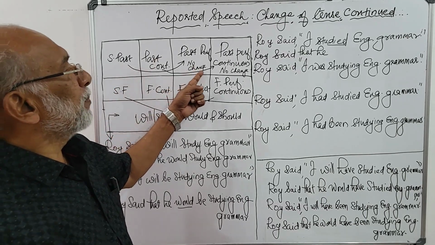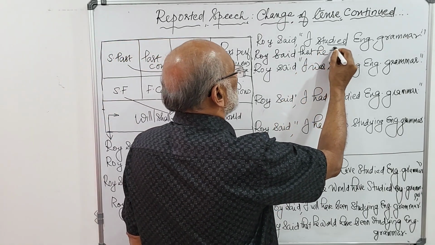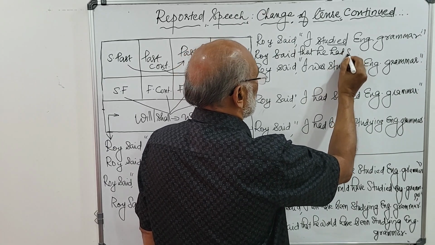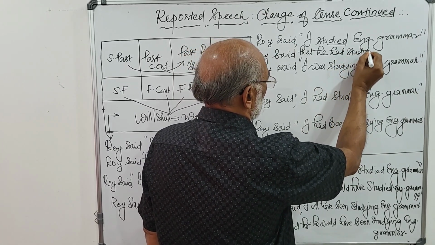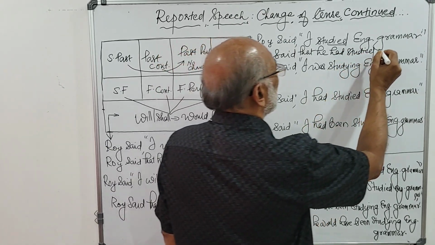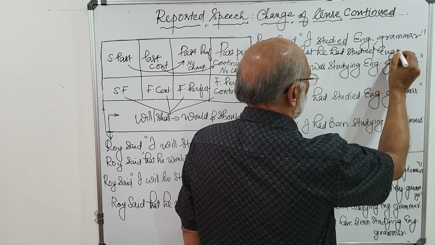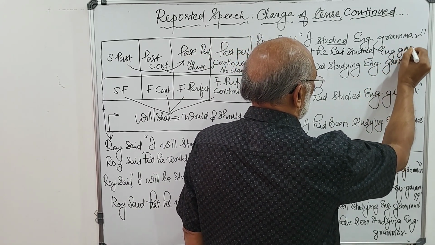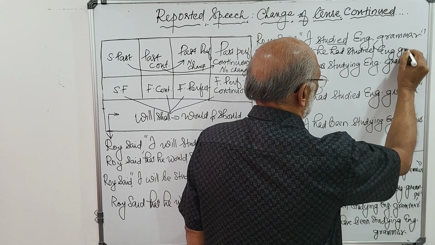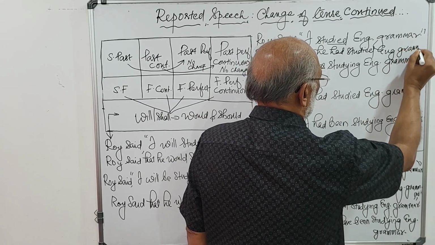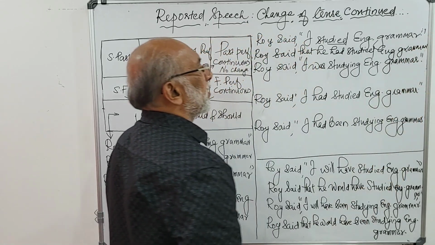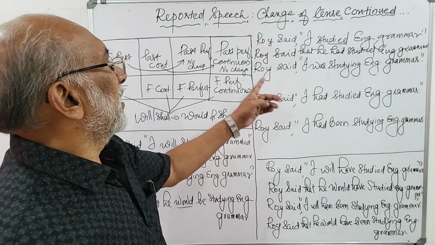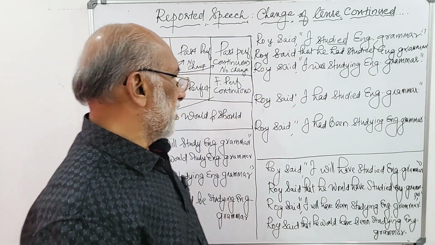Simple past becomes past perfect. So it becomes had studied. Okay, had studied English grammar. It is the same, no change. Okay, Roy said that he had studied English grammar.